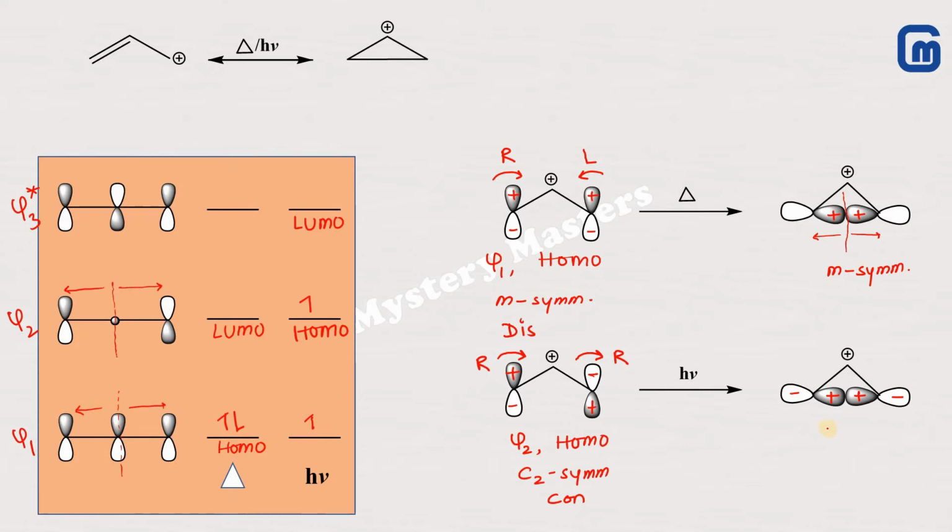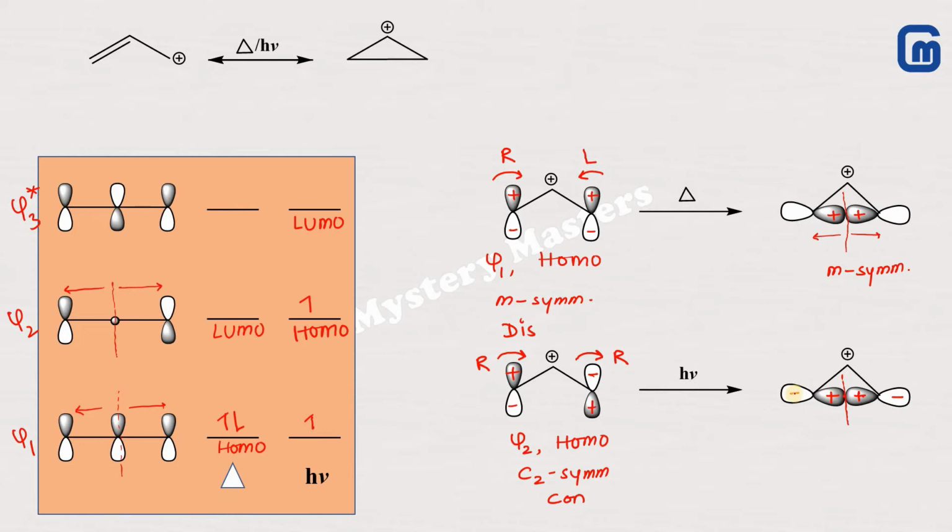Now if you talk about another very much important condition, that is the reactant and the product should have the same symmetry, or you can say the symmetry of the reactant should be preserved in the product also. So I have to see whether this structure, that is the cyclic structure, is having C2 symmetry or not. For that I have to see that if I pass through the center of the molecule from one side and reach the equal distance on the other side, whether I am getting the same type of arrangement or not.